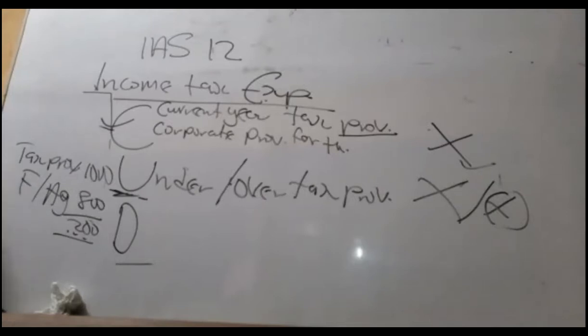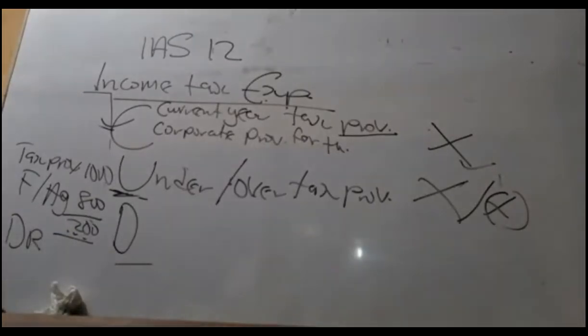Now, where will you see these figures? Ideally, they're supposed to be in a trial balance. So if you see current year tax in a trial balance, it represents under or over. Just that if it's at the debit side, under means an expense, and all expenses have what balance? Debit balance.